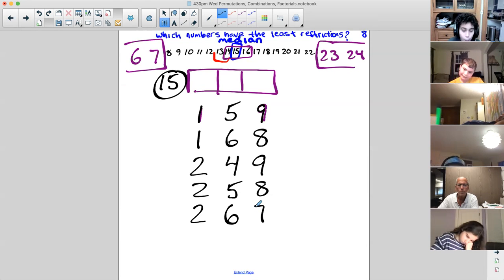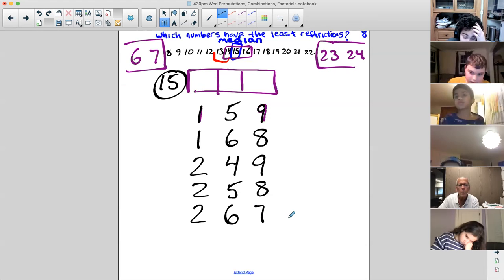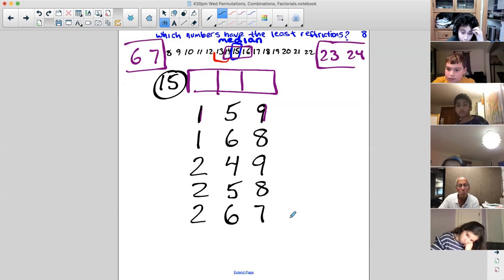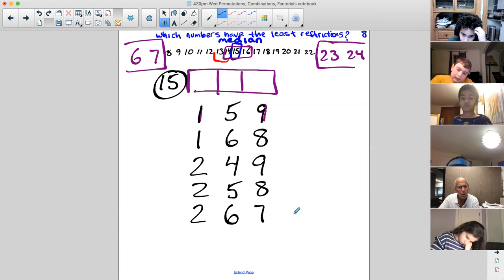It's going up by 1 every time. And then on the right column, the number is going down by 1 each time. So instead of having to calculate, you can just do that pattern. You go down on one column and you go up on the other one.